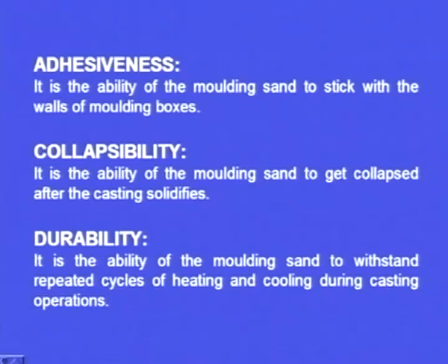So, a good molding sand should be in a position so that we can use it again and again. So, that is the durability. It is the ability of the molding sand to withstand repeated cycles of heating and cooling during casting operations. Yes, during casting operations it is subjected to heating and cooling. So, a good molding sand should be able to withstand these repeated cycles of heating and cooling.